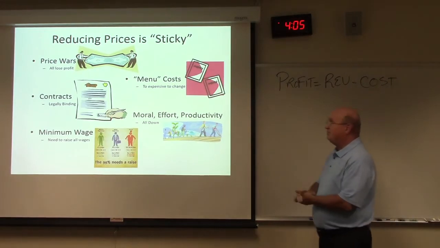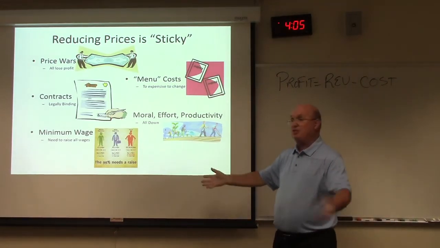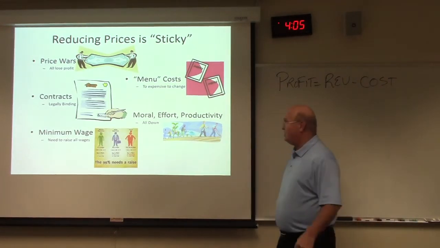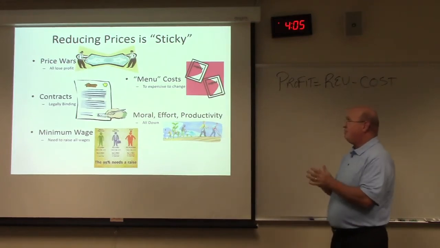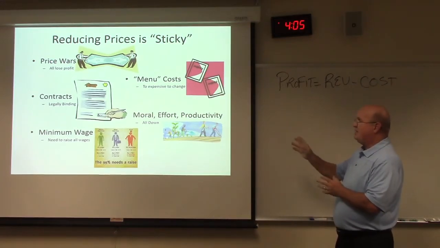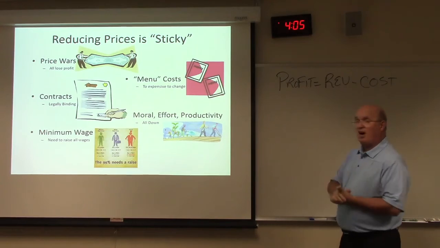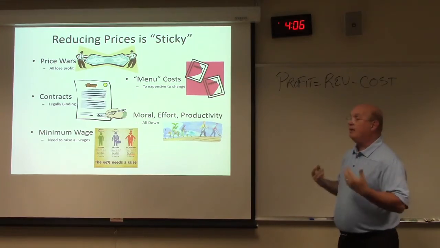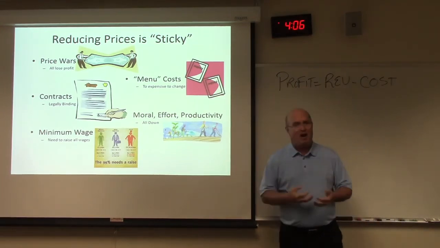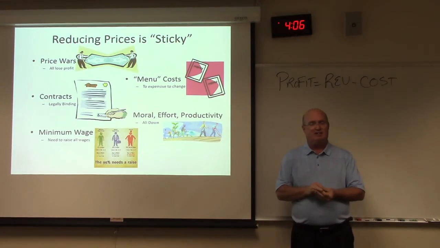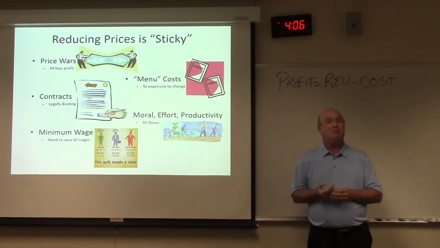Now, contracts. Well, a contract's a simple thing. It's a legal document. You're stuck with it. You can't do anything more with the contract. You can also have a morale, effort, and productivity problem if you start reducing prices. We're in a recession. Price of the product's going down. People start going back and forth with their eyes. Is the company having a problem?